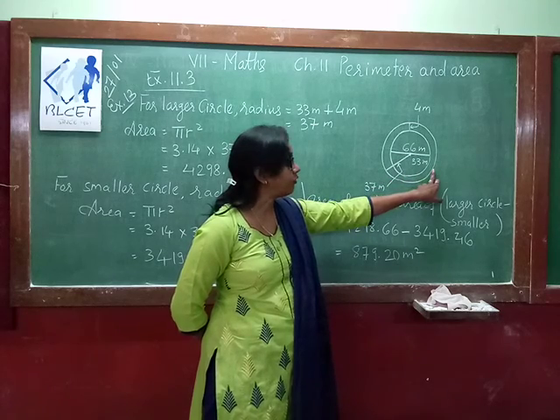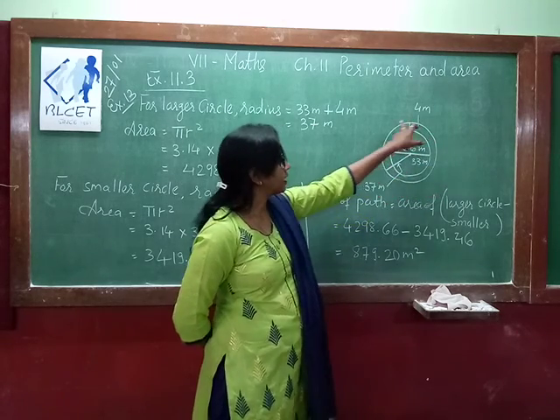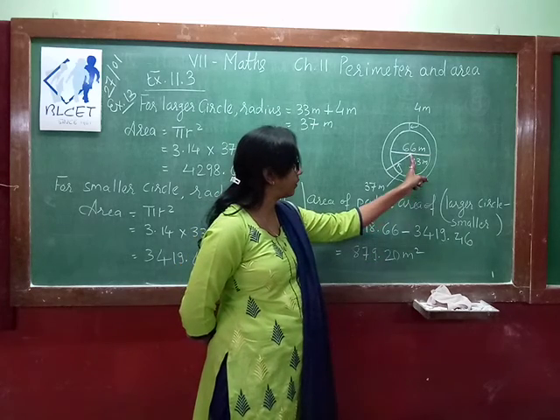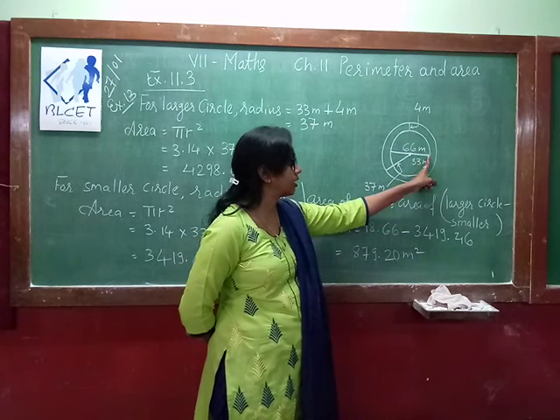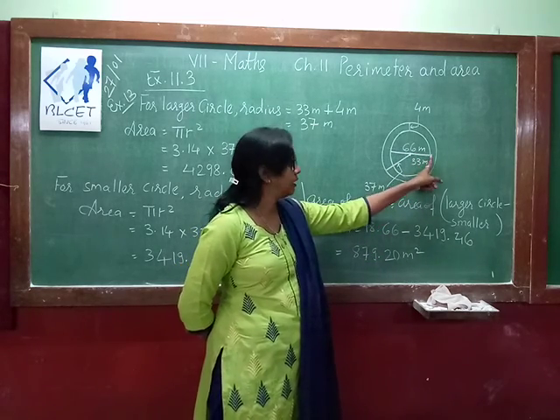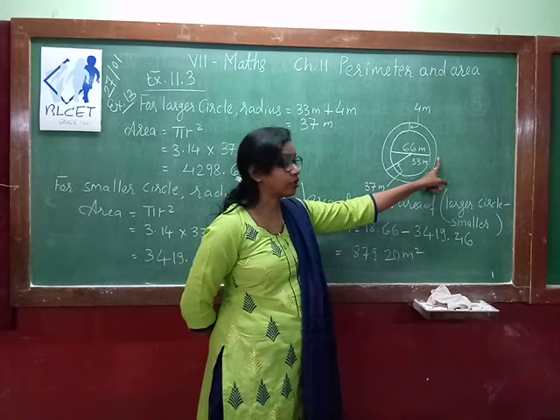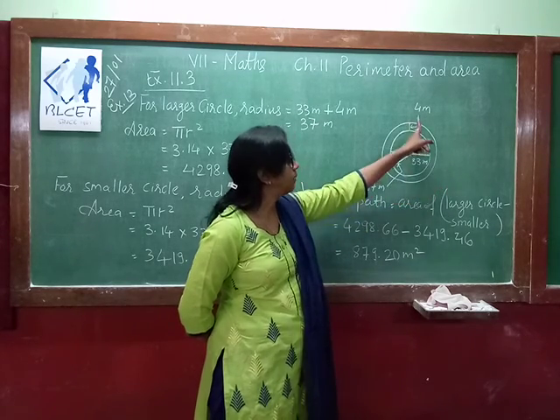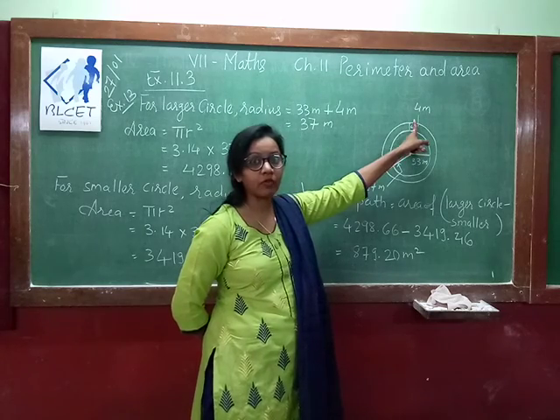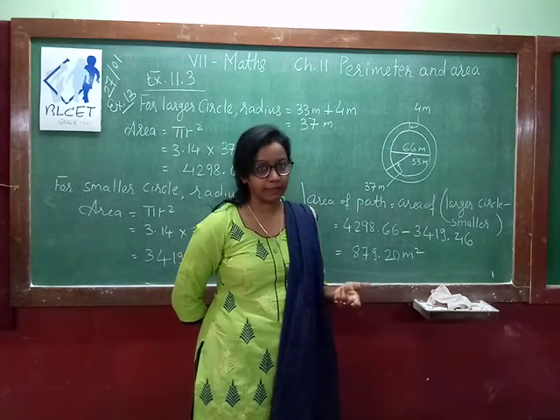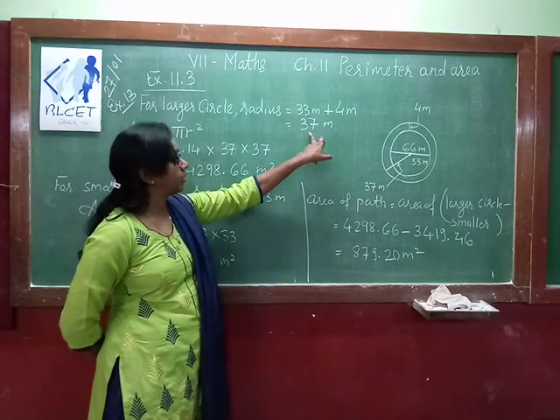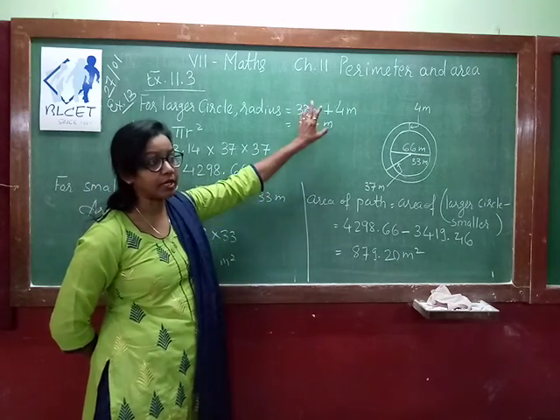So to find the radius of the bigger circle, you add the radius of the smaller circle plus the width of the path. So 33 meter plus 4 meter will give you 37 meters. So this is the radius of the bigger one.